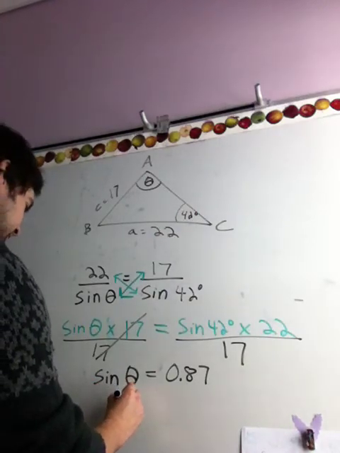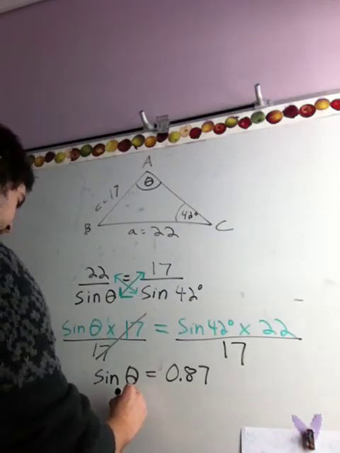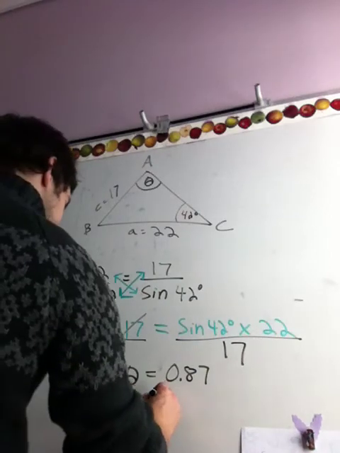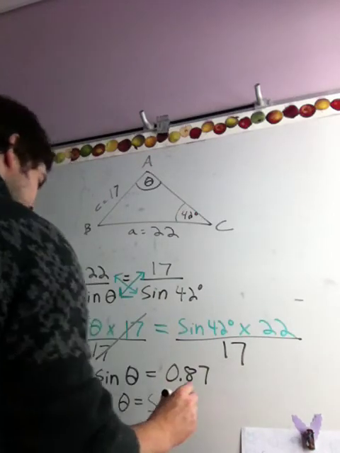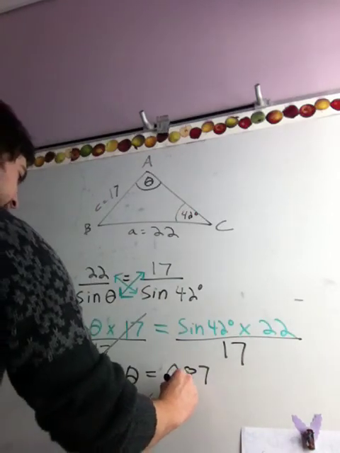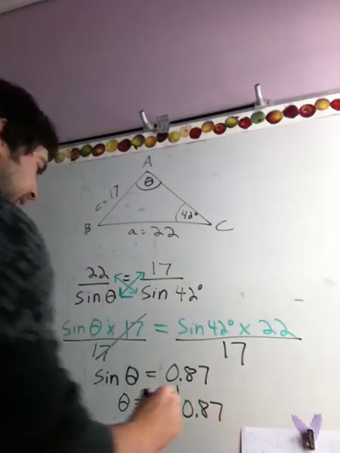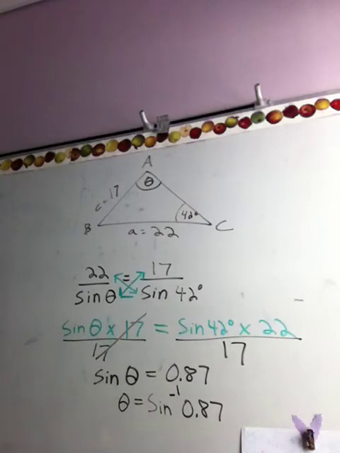Now the way you get rid of sine when it's paired with a variable is you bring it to the other side of the equation and it turns into sine exponent -1, which is the shift function of your sine on your calculator.